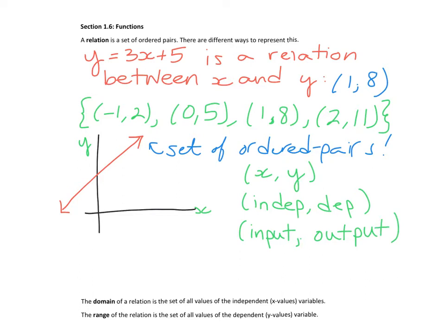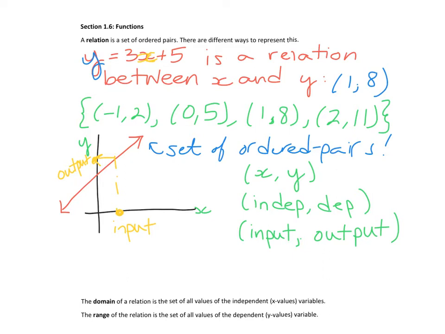So this x value right here would be our input, what we're putting into our function 3x plus 5. And then the y value is what we're getting out. So that y value is our output. Just a different way to view the same thing.